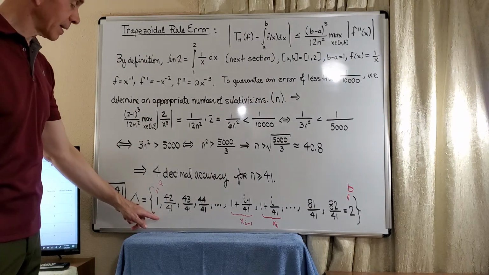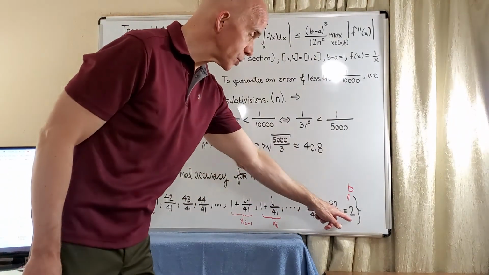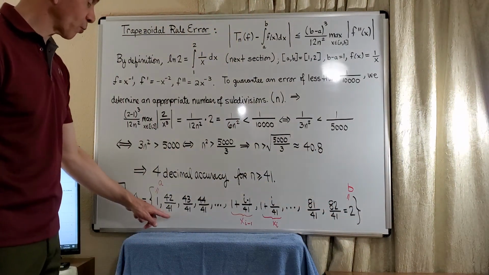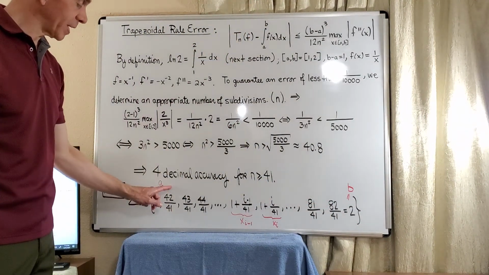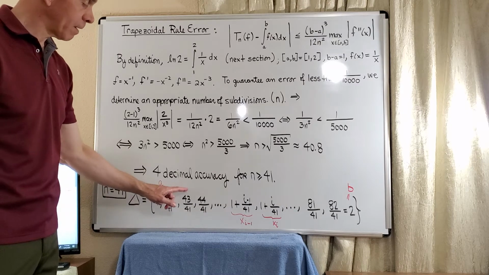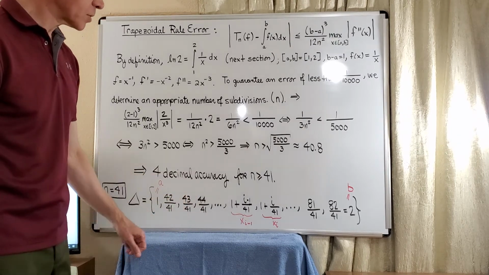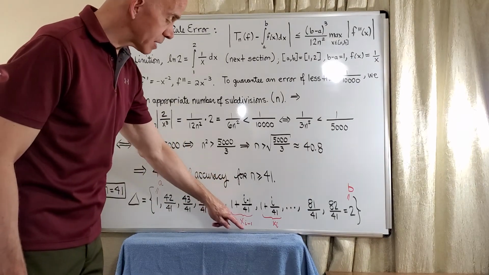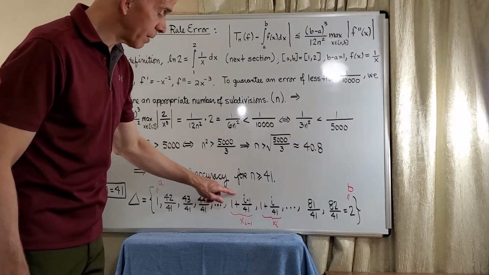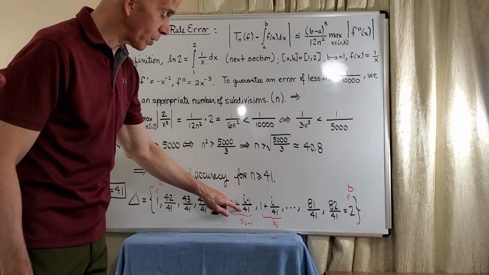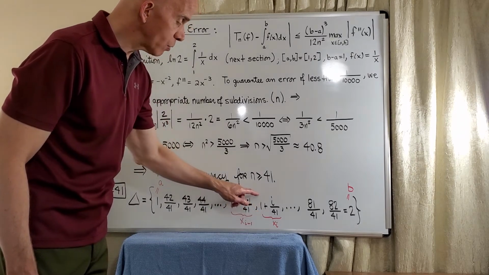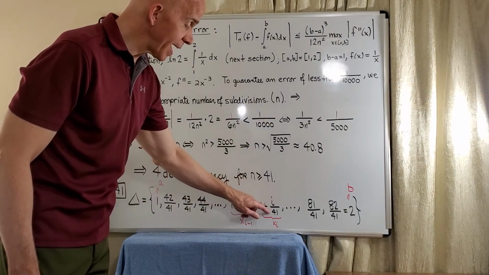So a and b, we know are 1 and 2, and then we just increment by 1 over 41. So we get 42 over 41, 43 over 41, 44 over 41, etc. So x sub i minus 1 is just 1 plus (i minus 1) divided by 41, and x sub i will just be 1 plus i divided by 41.